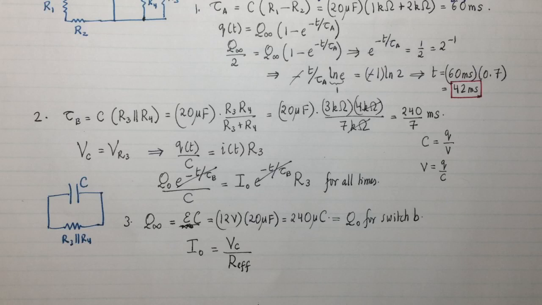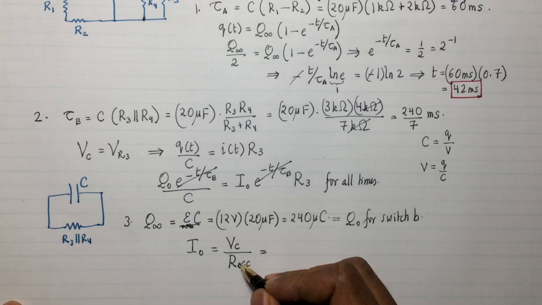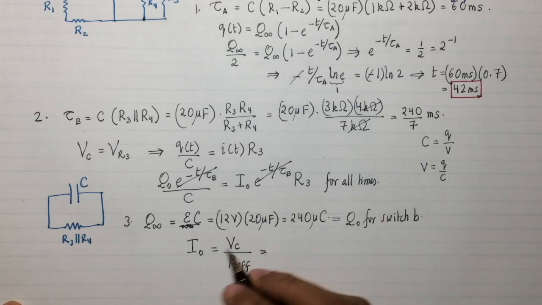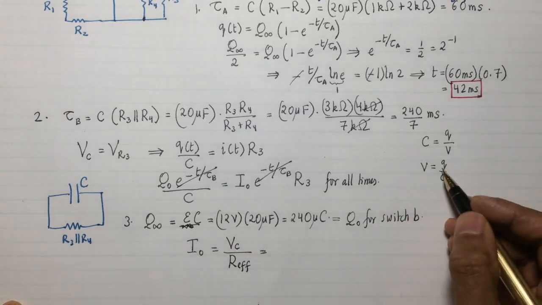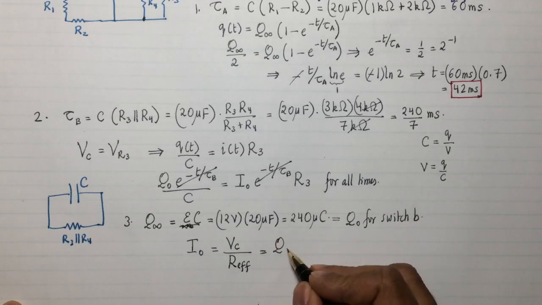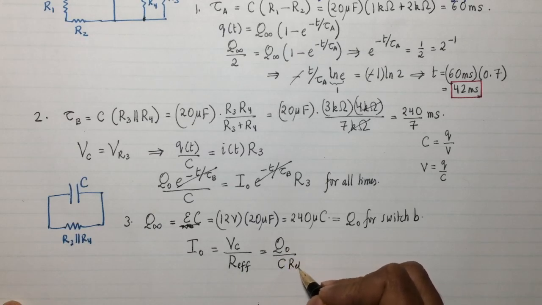So the capacitor should be thought of as a battery now, and it's putting out some current, and that's going to be the voltage across the capacitor divided by the effective resistance. That's in fact going to be the current at any given time, but initially the voltage across the capacitor is a full voltage. So it's going to be Q naught or Q infinity over C times R effective.